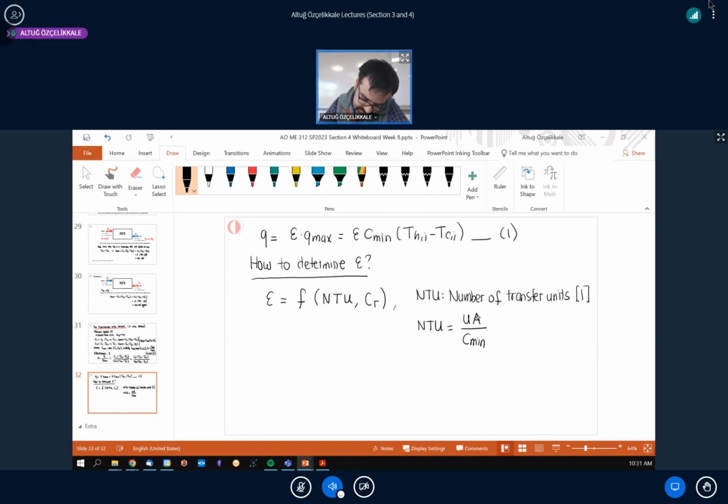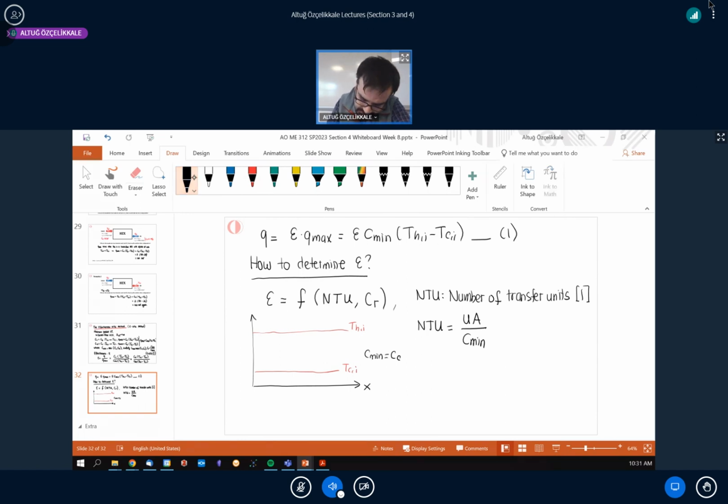So imagine that's the length of the heat exchanger, and we are operating this heat exchanger between the bounds of the hot fluid inlet temperature and cold fluid inlet temperature. And in the extreme case, let's imagine that C min corresponds to the cold fluid heat capacity rate.